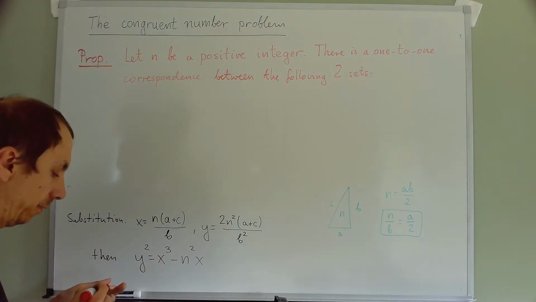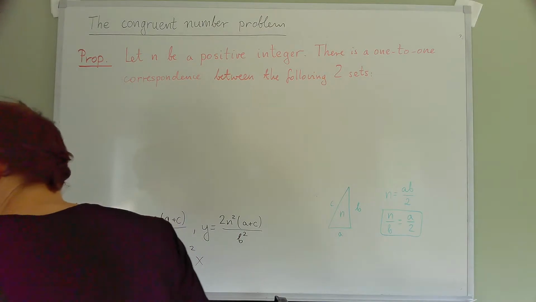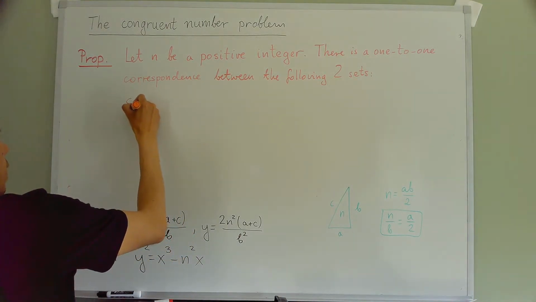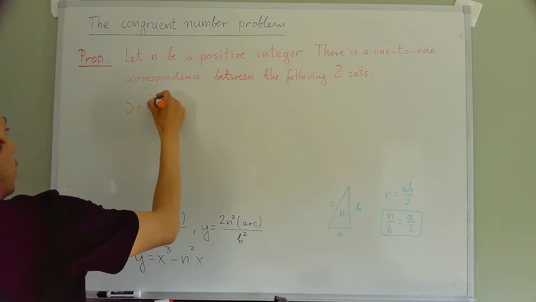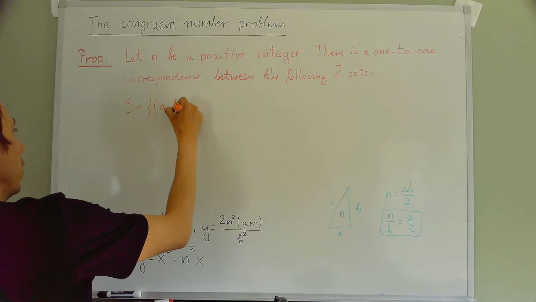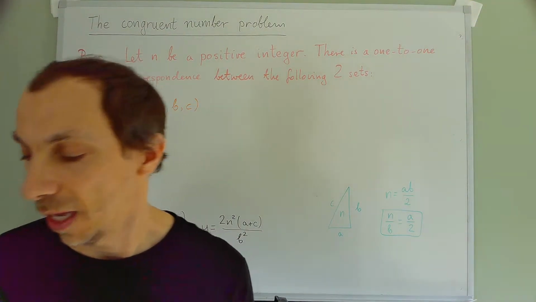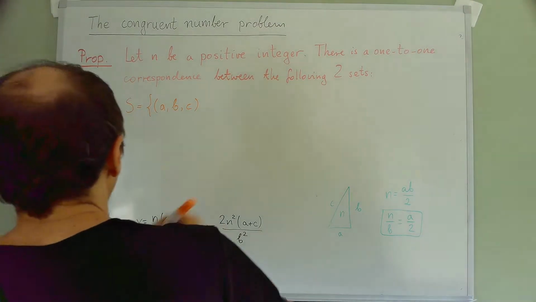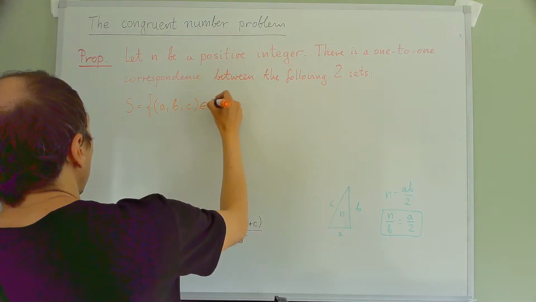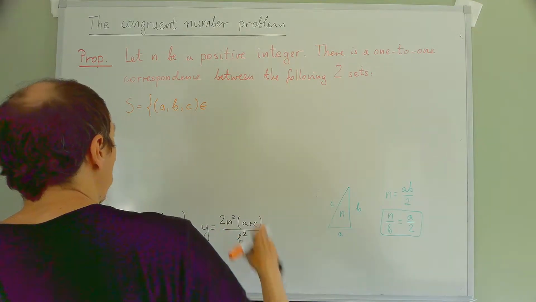Okay, so the first set is a set of triples. You can think about it as the set of these right triangles, A, B, C. These were the sides of this right triangle. A, B, C, these are rationals. So I'm just going to write it like this.